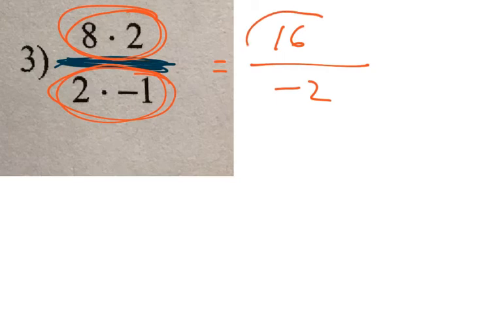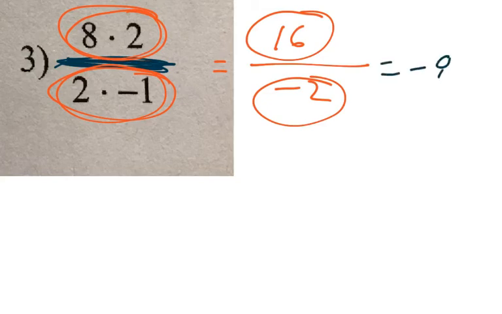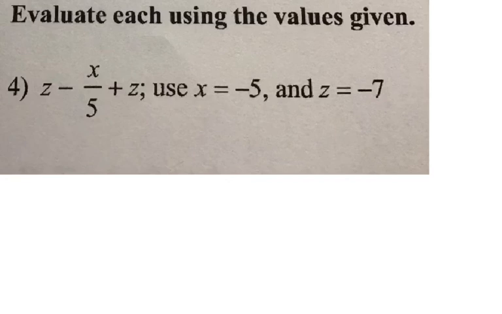Only after we do the numerator and the denominator do we divide them. Fraction again means divide. 16 divided by -2 is -8.